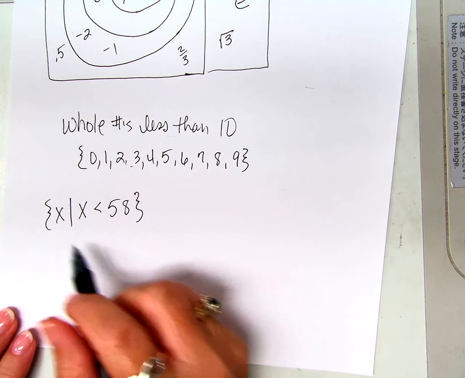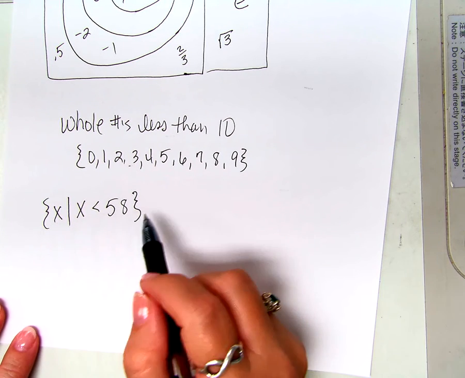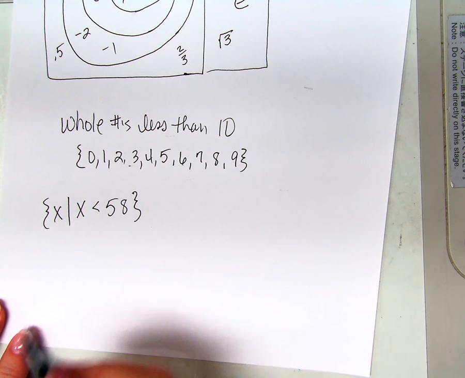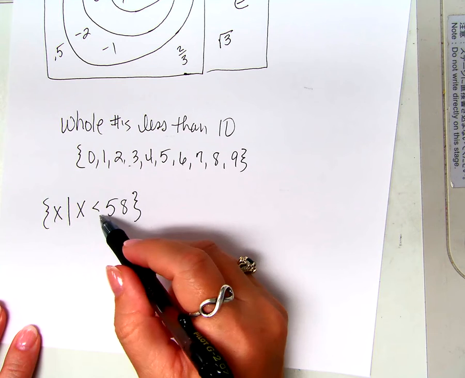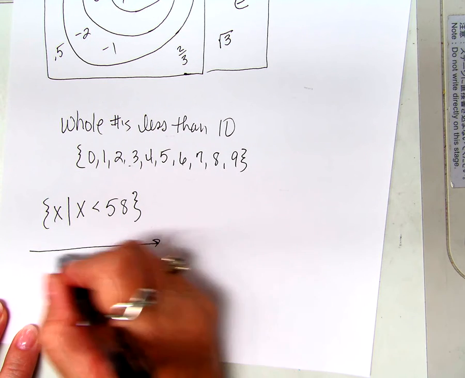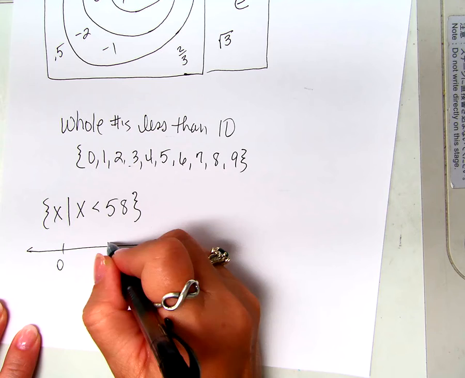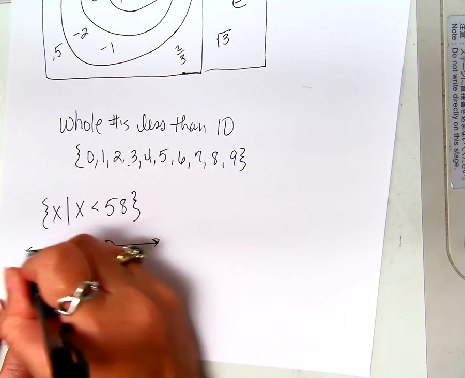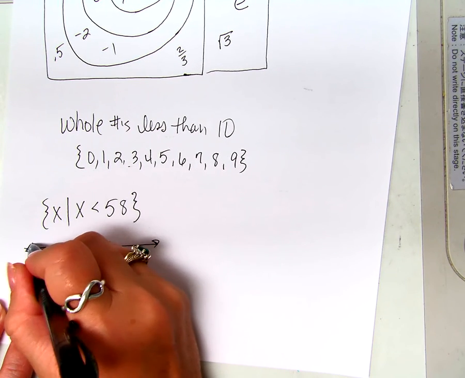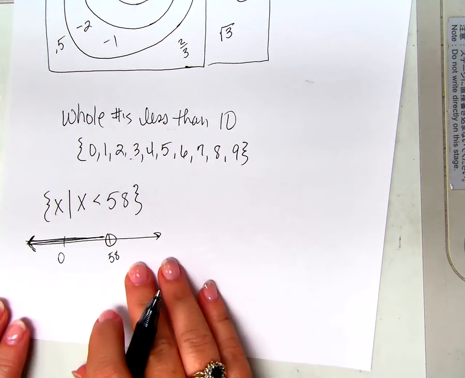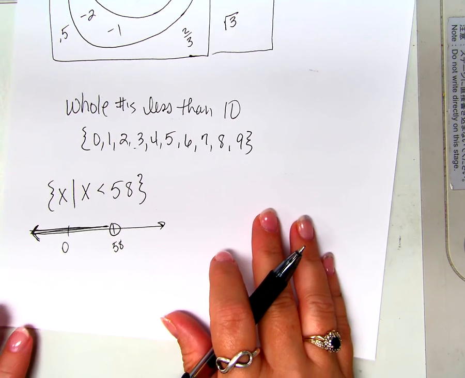So if we were writing that, this is set builder notation. If we were writing this in interval notation, everything less than 58, I want to give myself a visual on this. Here's 58. Here's 0. Everything less than 58, is that a good number line drawing? See, I know you're amazed at how good of an artist I am.